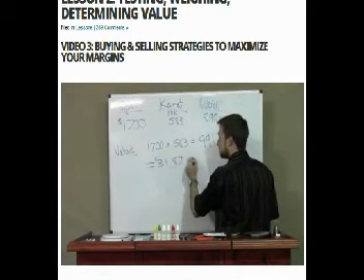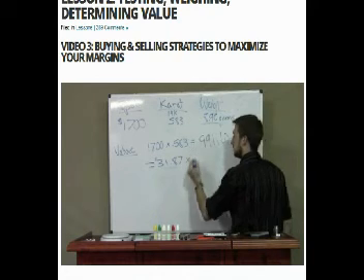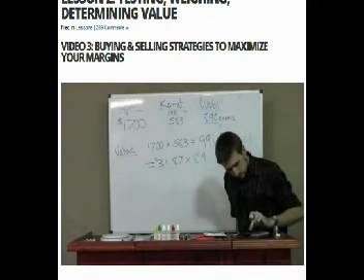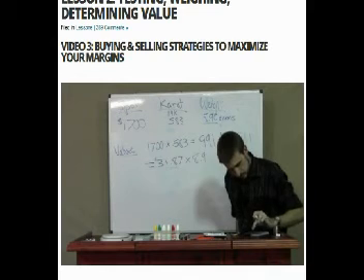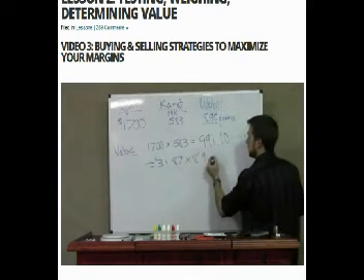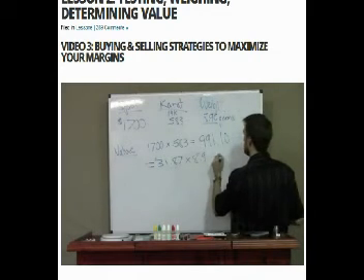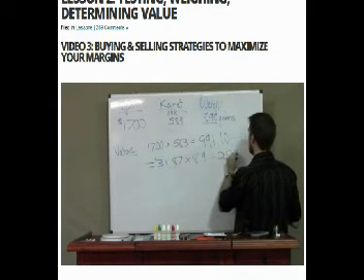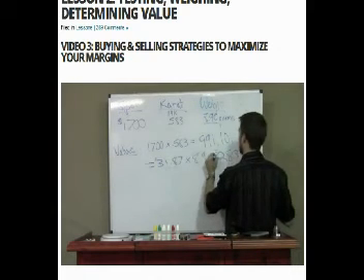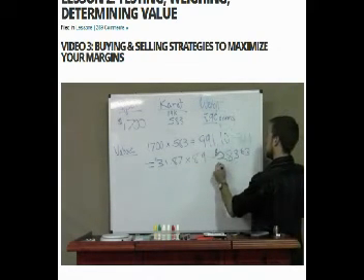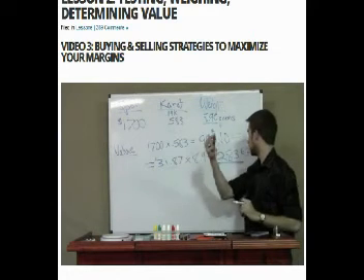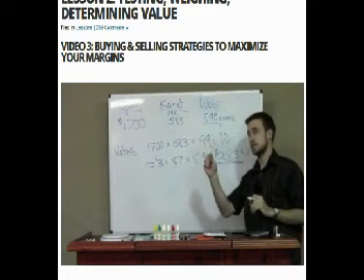So if you times this by the weight, 8.9, depending on whether you round it up here, you may be a penny or two off, you're going to have $283.63. That is this one little item's 100% value right here.